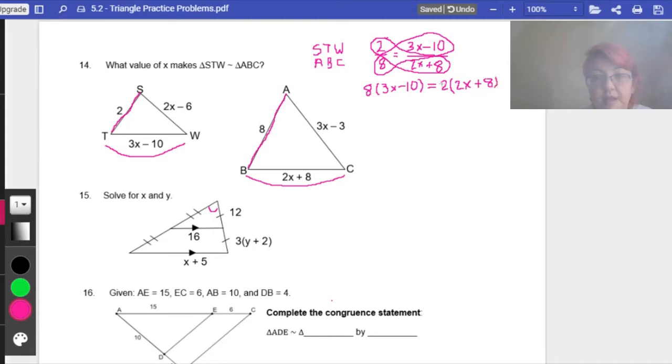Okay, I'm going to draw my river. And now we're going to use the distributive property to distribute to both sides. 8 distributes to the 3 and to the negative 10. So 8 times 3x is 24x.